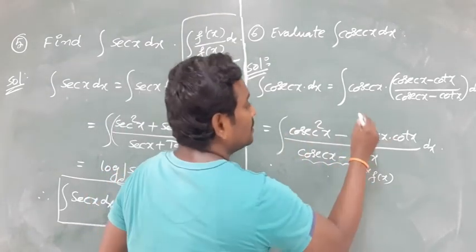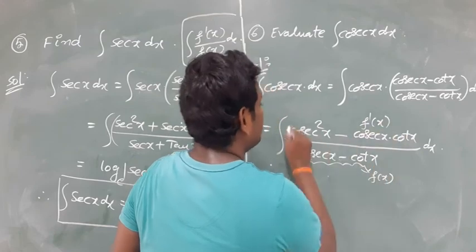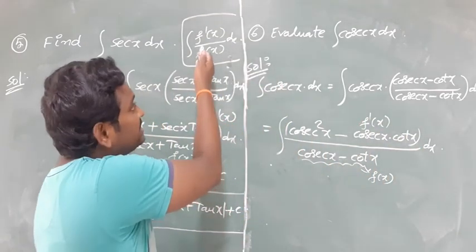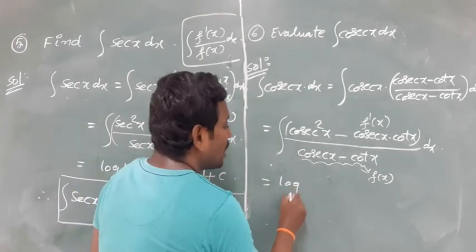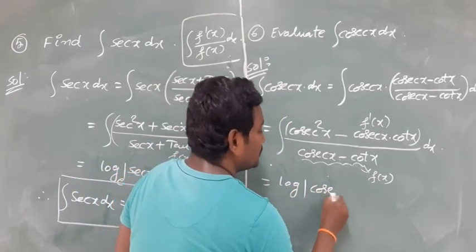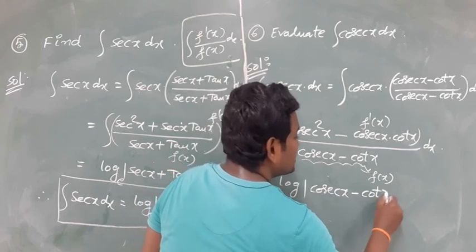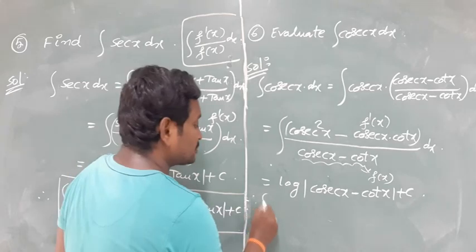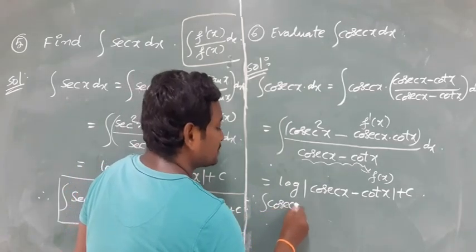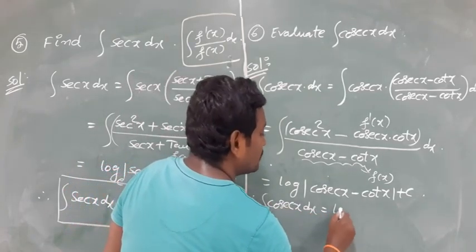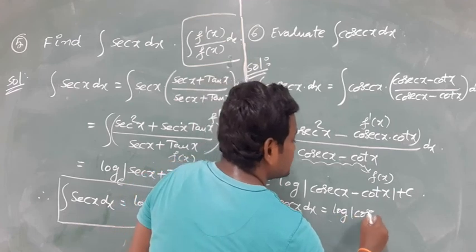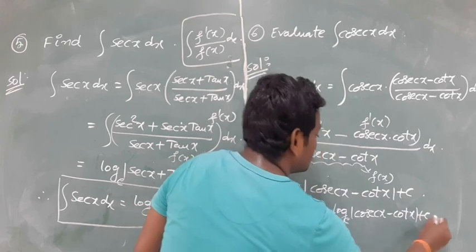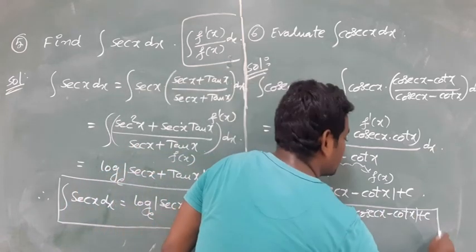So clearly the entire numerator is the derivative of the denominator. That's why we can easily apply this formula, which is log mod cosecant x minus cot x plus c. So you should conclude that integration of cosecant x dx is equal to log mod cosecant x minus cot x to the base e plus c. This is the important formula.